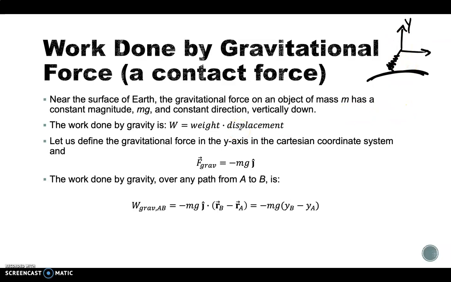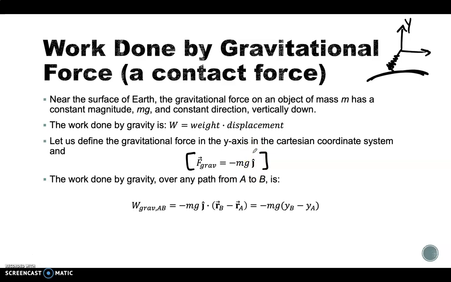All right, so work done by gravity is going to be equal to the weight, or mg, times the displacement. So let's define our gravitational force in the y-axis in Cartesian coordinate systems. We have F gravity is equal to negative mg j hat. Again, j hat is in the y direction.